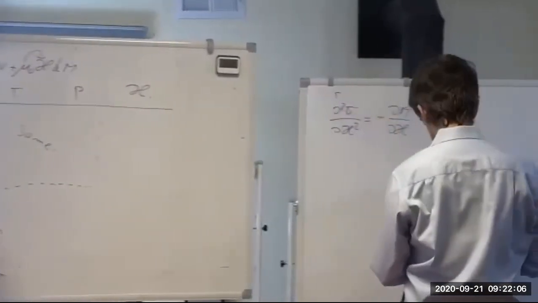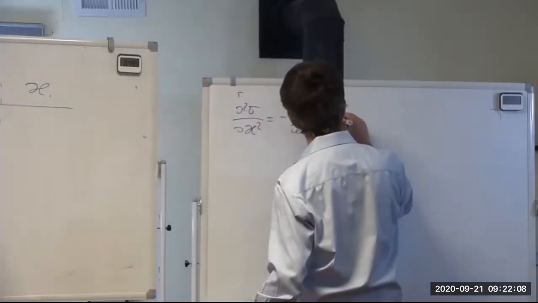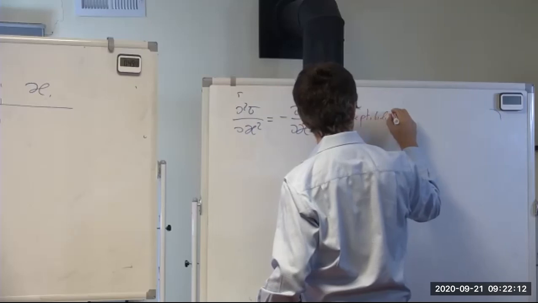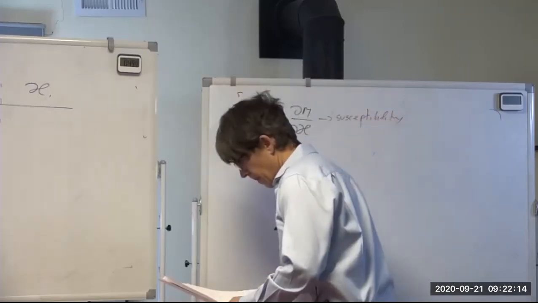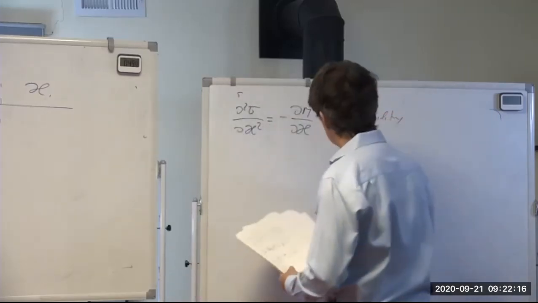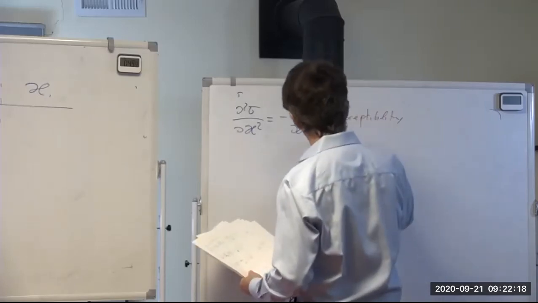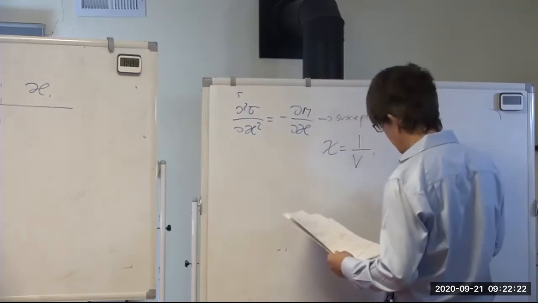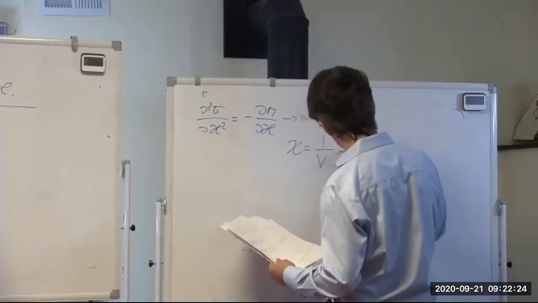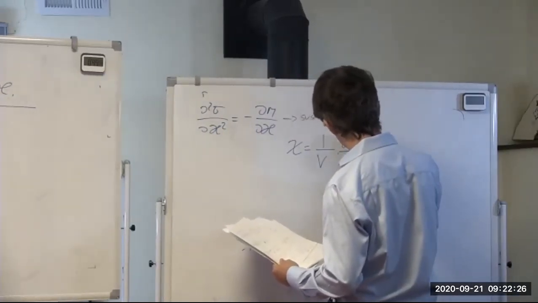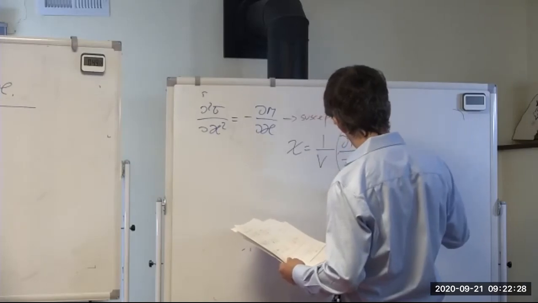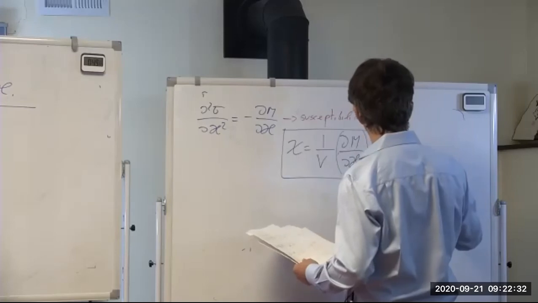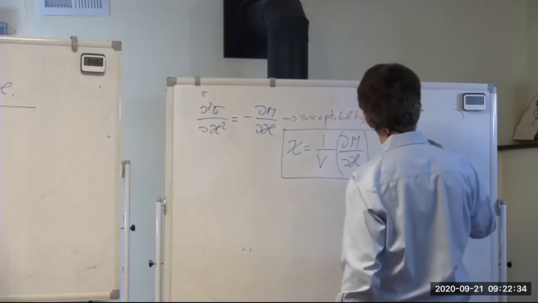So this is going to define a magnetic susceptibility. I'm going to define that as chi, again normalized by volume, dm dh at constant temperature and pressure. So this is my magnetic susceptibility.